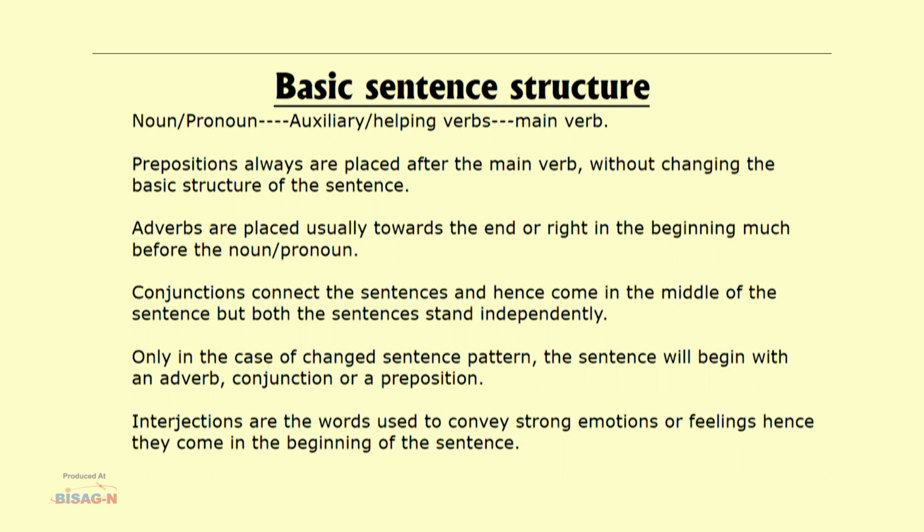Okay? Let's move ahead and see what is the next instruction for the basic sentence structure. It says adverbs are placed usually towards the end or right in the beginning, much before the noun or the pronoun. Now let me give you an example of how the adverbs are placed. Adverbs are placed at the end. Usually the placement of the adverbs are towards the end. Let's take an example which says, I am working continuously in my office.